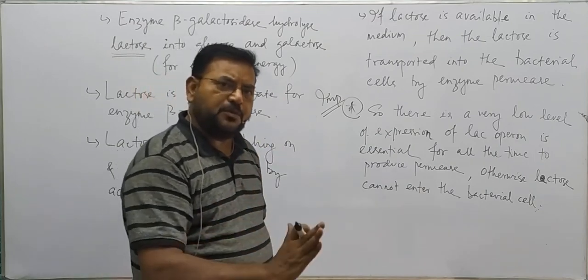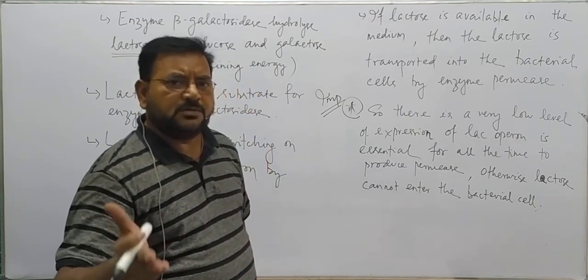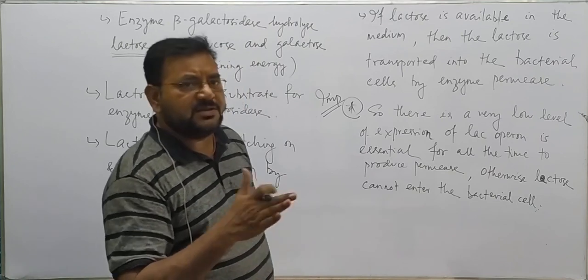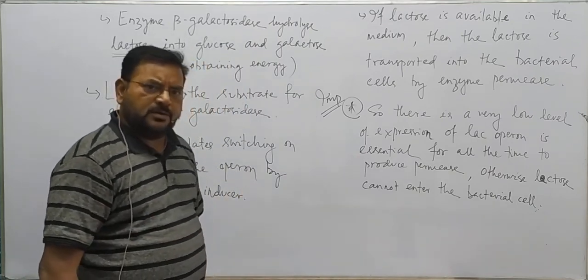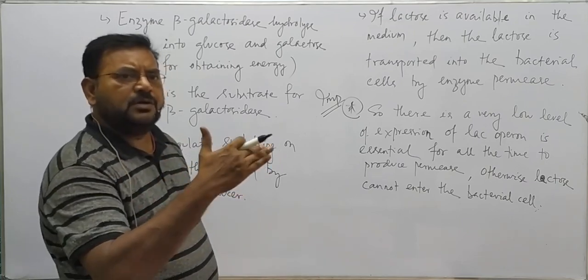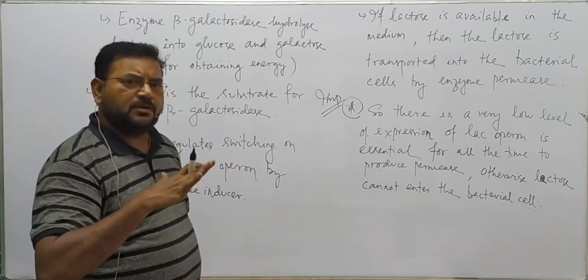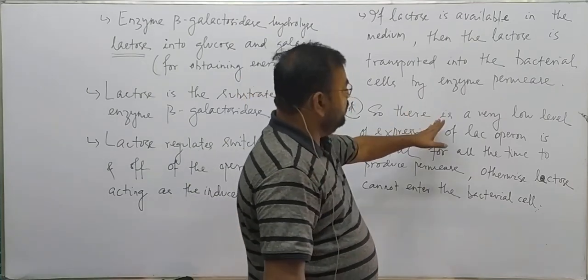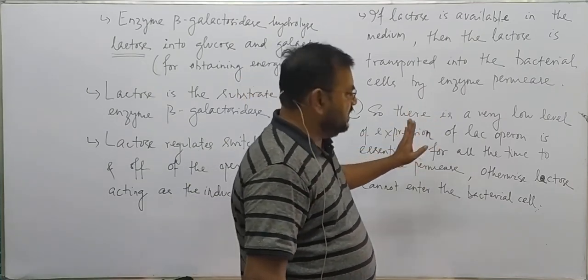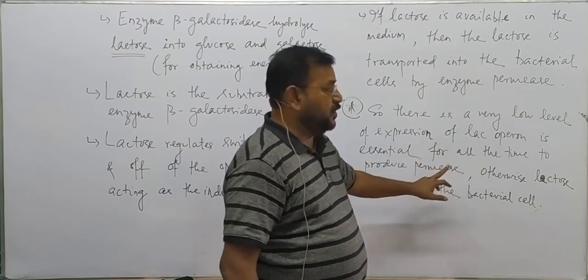Once permease is produced, it allows the lactose to enter the bacterial cell, and once lactose enters, it acts as inducer and induces the lac operon to operate completely. But prior to that, a low level of expression of the lac operon is essential for all time to produce permease.